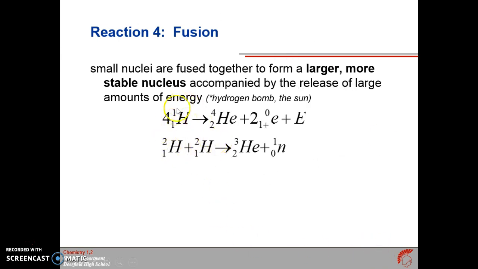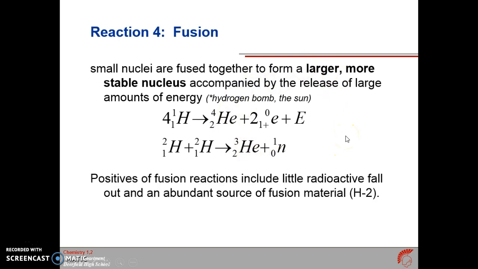You take hydrogen and fuse them together to make helium and wind up giving off a whole lot of energy as a result. Notice that this is not alpha, this is helium. There's not really radioactive particles given off. So the nice thing with fusion is there's very little radioactive fallout.